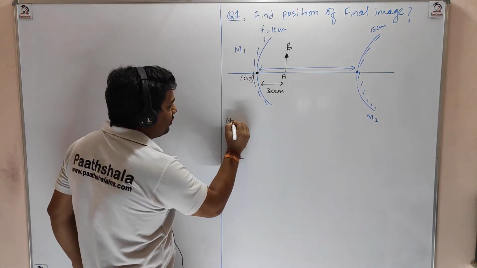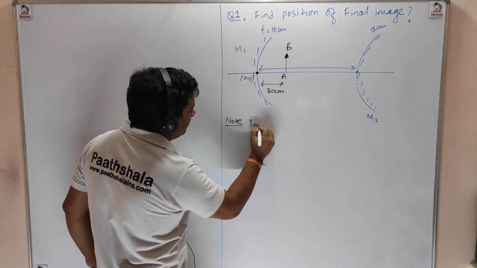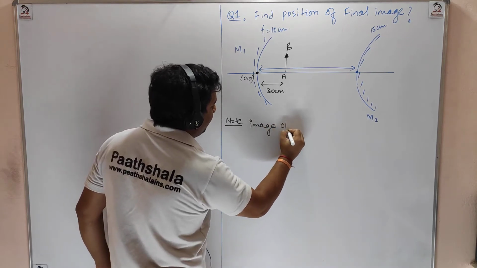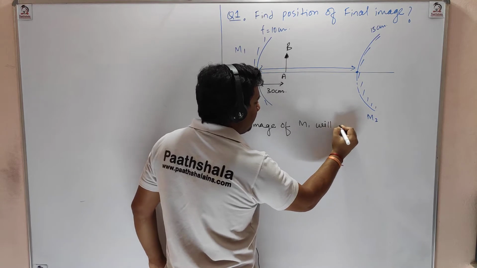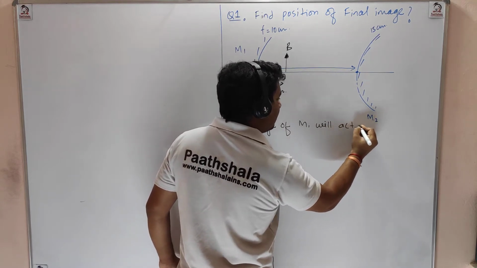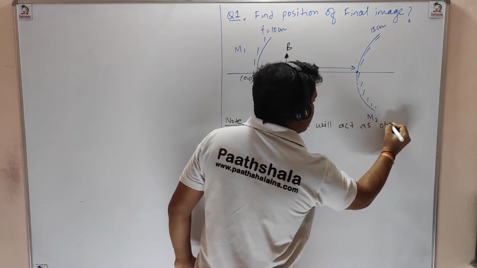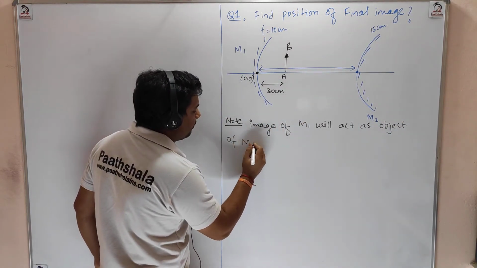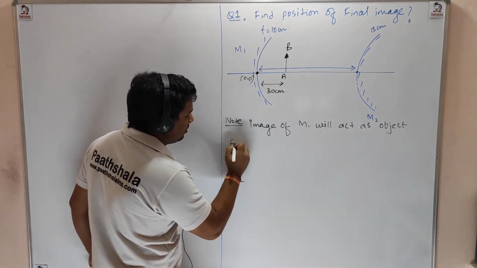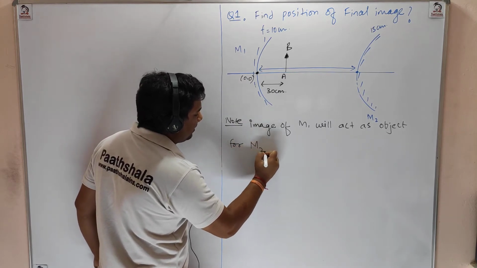Let's write it. Note, the image of M1 will act as the object for M2.